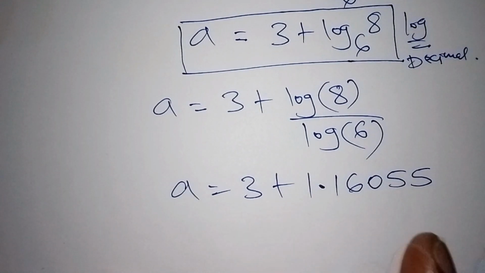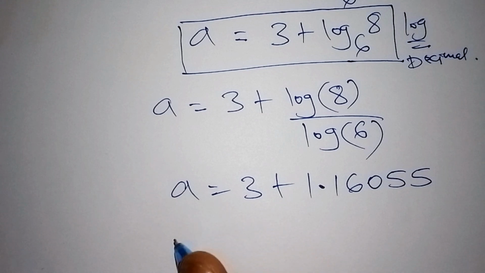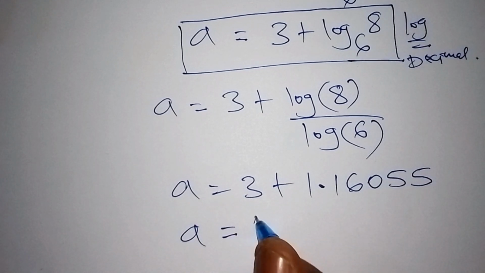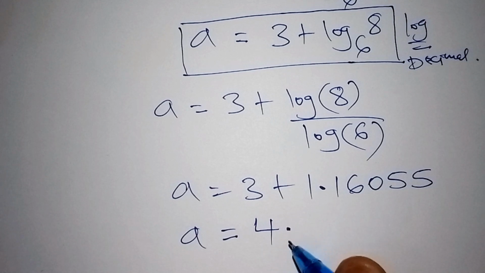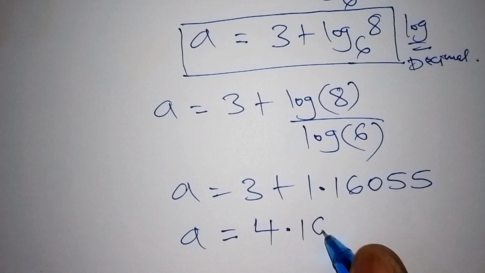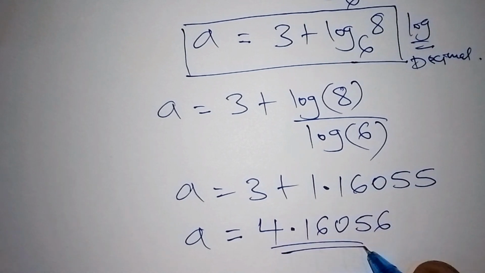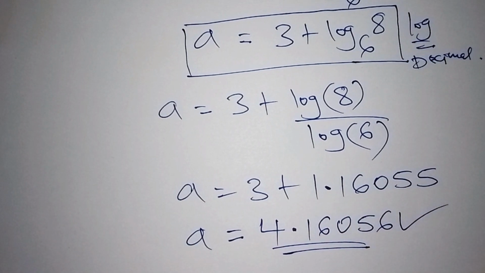When you add 3 plus 1.1605 and round off, our value for a is 4.16056. This is our final answer in decimal form.